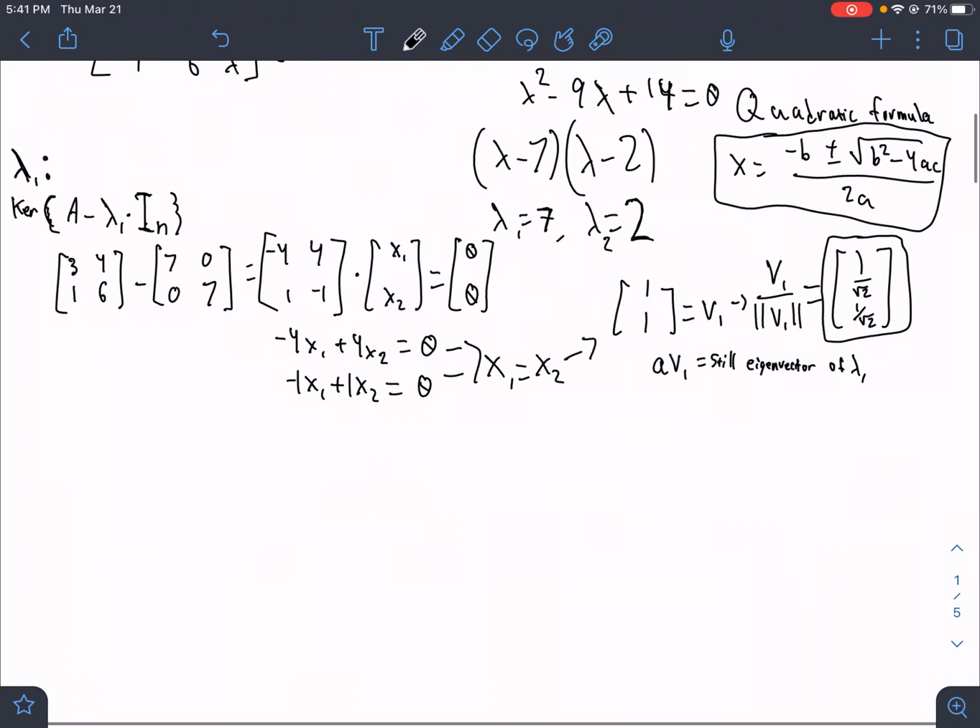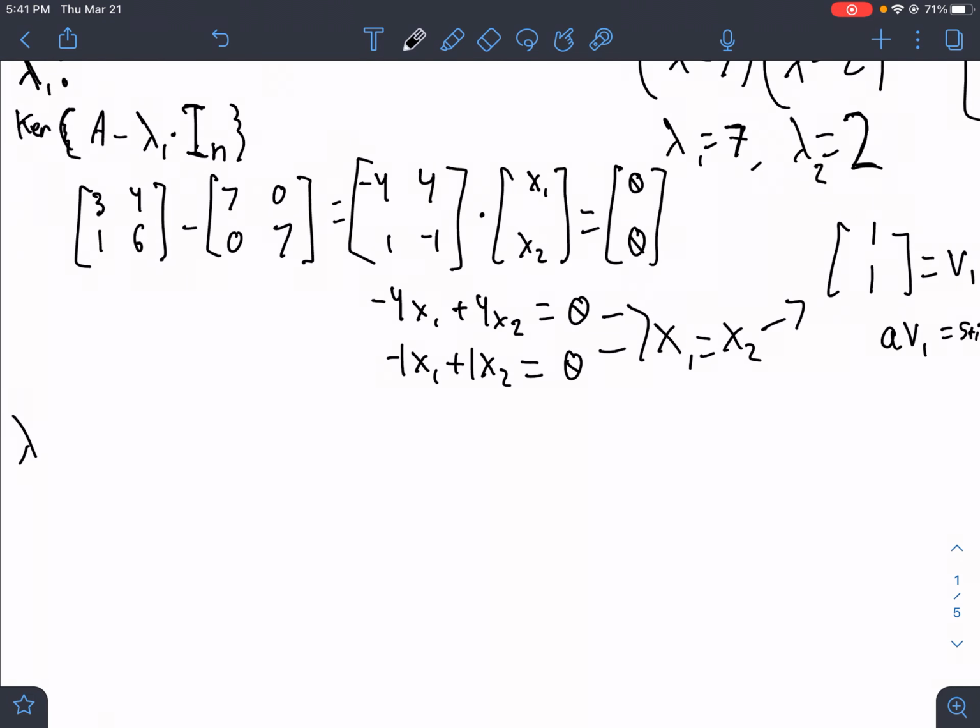Okay, now let's work on v2. Hopefully now that I've explained the whole process, this should go a lot faster. So I'm going to drop a lot of the excessive notation that I've been using, and I'm just going to do this very quickly.